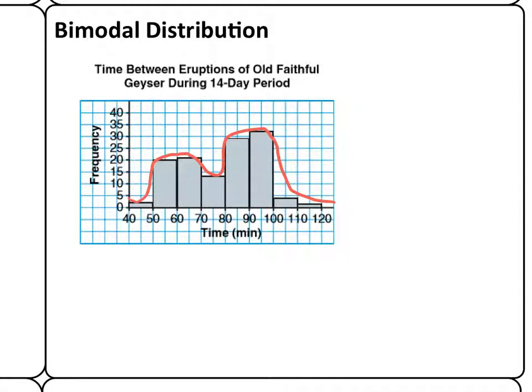So you'll notice that it has, or appears to have, 2 modes, or 2 areas that have the most frequent. Now you can have ones that have 3 modes or 4 modes. It just depends on the type of distribution and the number of categories you have, but this one is one of the more common ones you see, where you have 2 different peaks or 2 different modes. So that's bimodal.